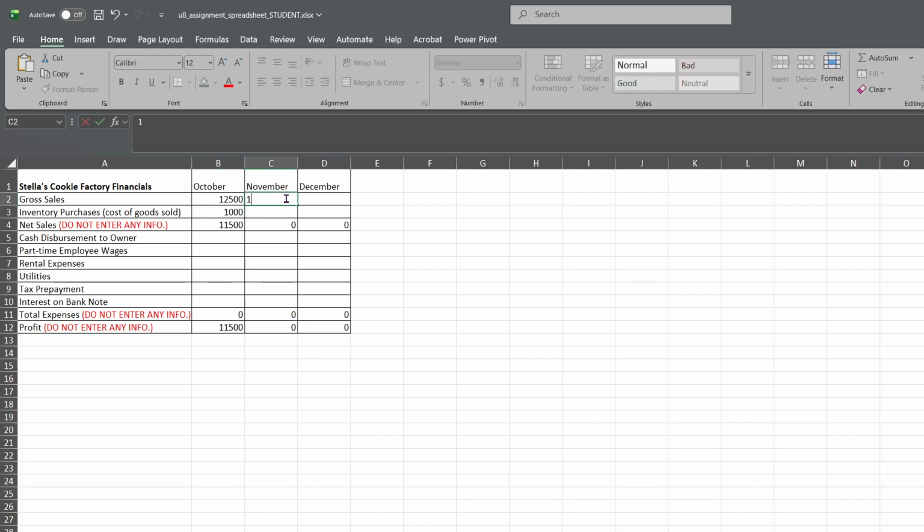And I'm going to put 12,000. I'm going to put 11,000. Okay, you'll notice the sheet will update for you. So again, do not enter any information in this red area. Okay.